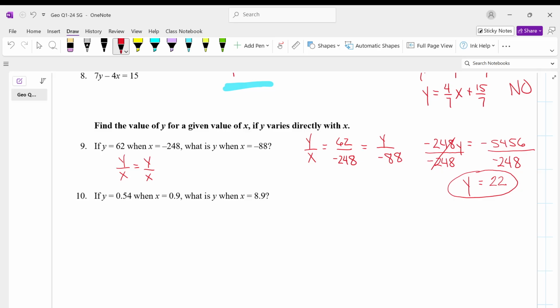And then for problem 10, we're going to write another proportion. Our y over our x is 0.54 over 0.9 is equal to, what is y when x is 8.9?